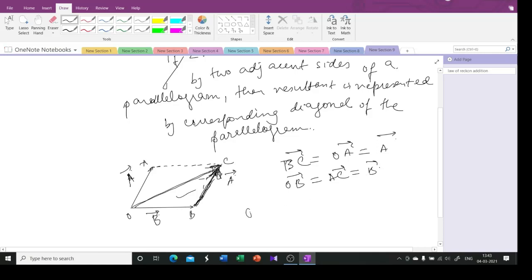Now, what is OC vector? That is the diagonal of this parallelogram. That is simply OB vector plus BC vector, right? So OB vector is B vector and BC vector is A vector. So that's what the statement is. Basically it's the same thing as the triangle law derived in a different manner.